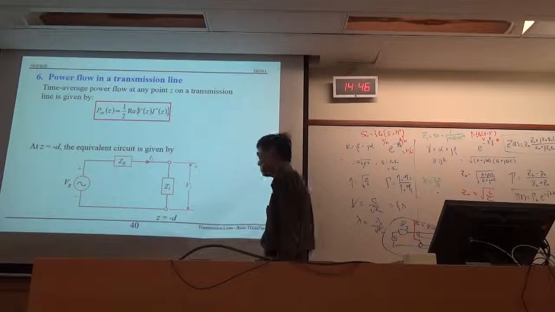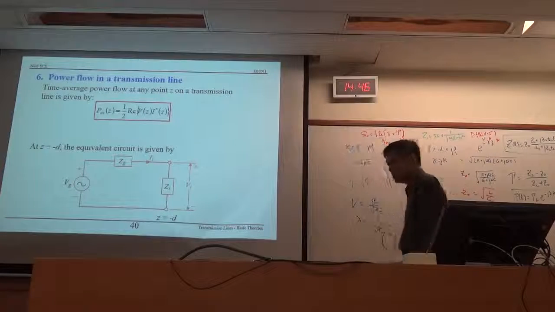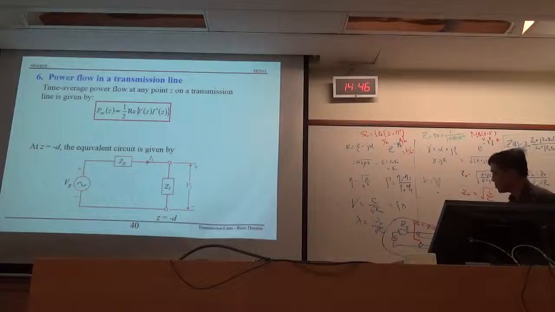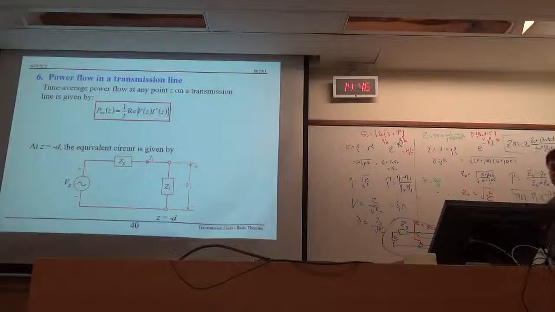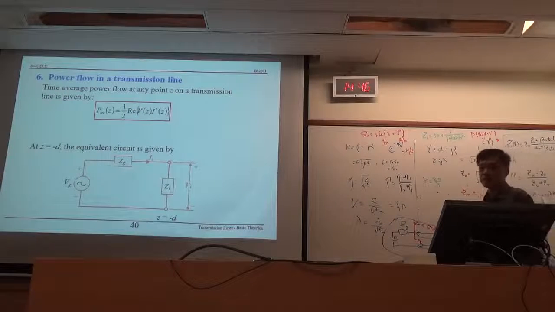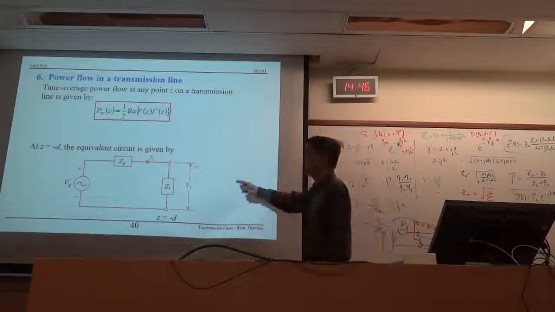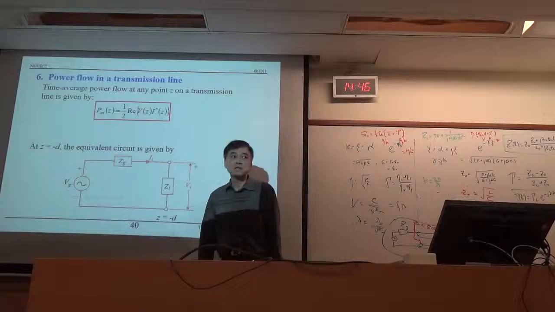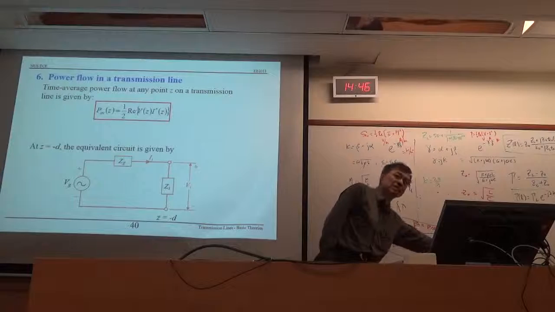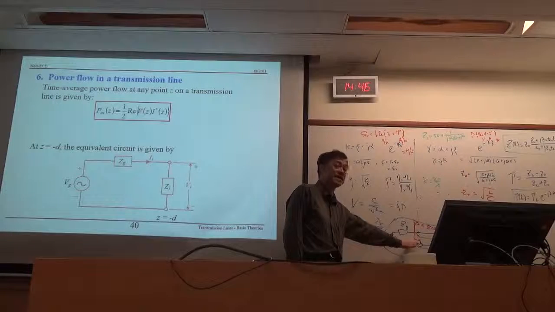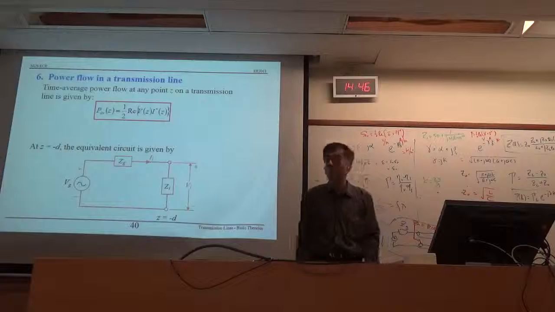Just now we showed you how to go to and fro to find the voltage and current. Now we look at the power. Same thing: if you want to find the power, you get ZL here, translate into Z in using the transmission line equation.